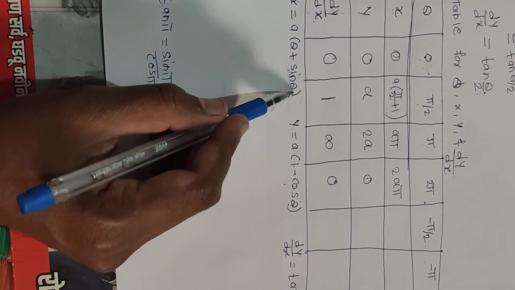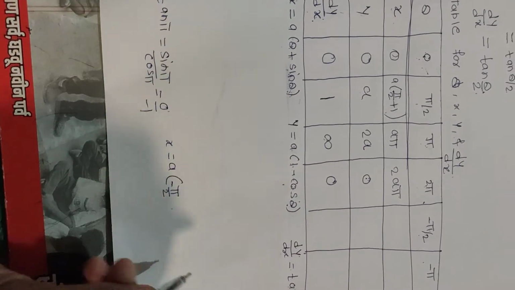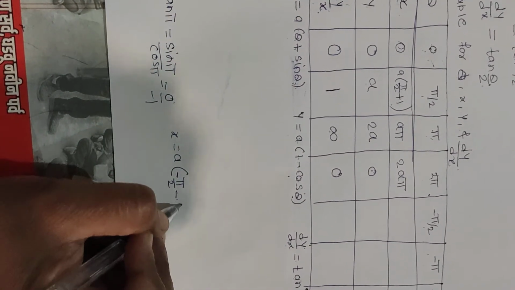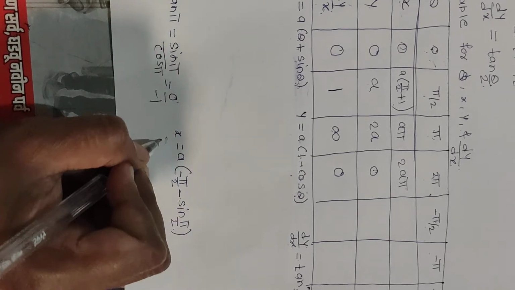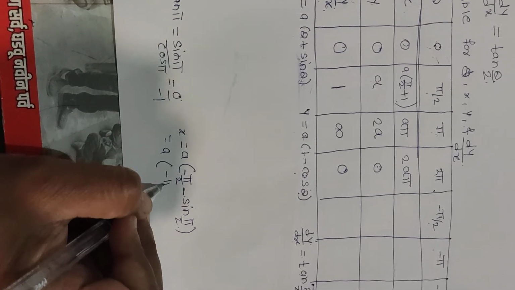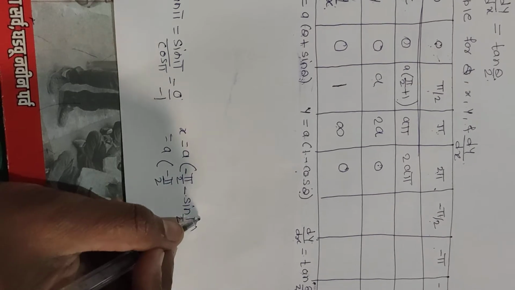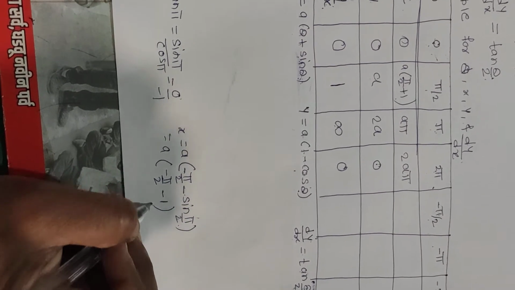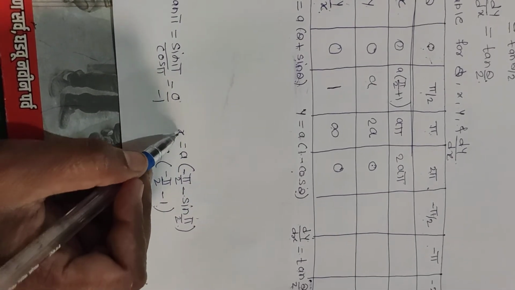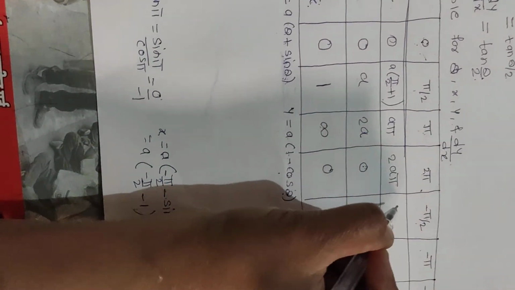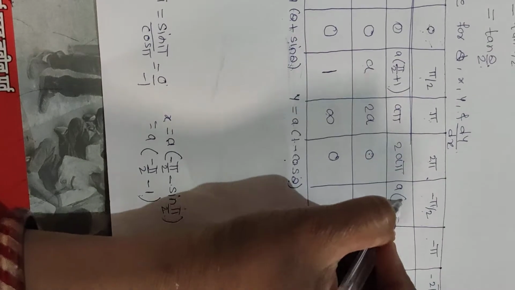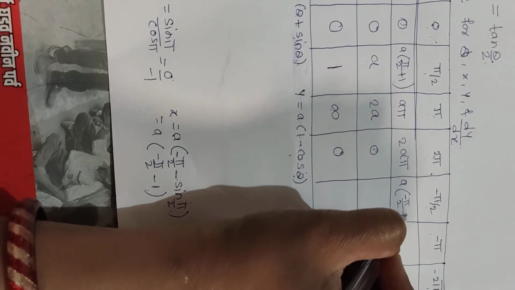But sin of minus theta is minus sin theta. So this can be written as minus sin pi by 2. And a into the bracket, minus pi by 2, and sin pi by 2 is 1, so minus 1. So the value of x at theta equal to minus pi by 2 is a into minus pi by 2 minus 1.